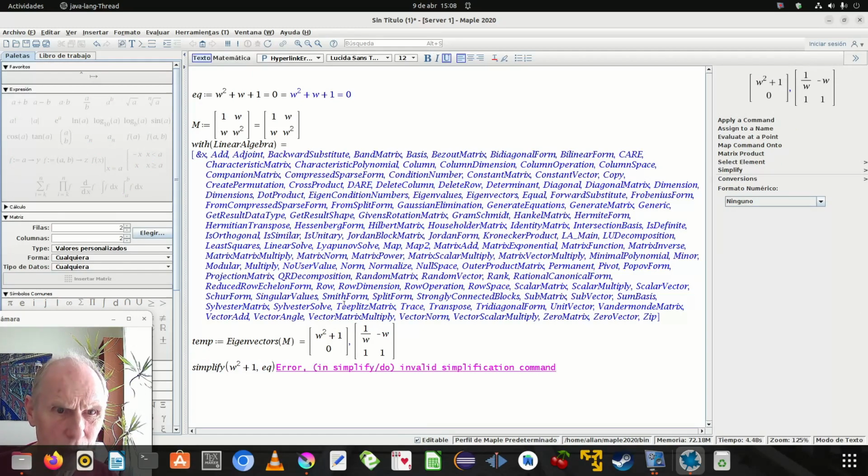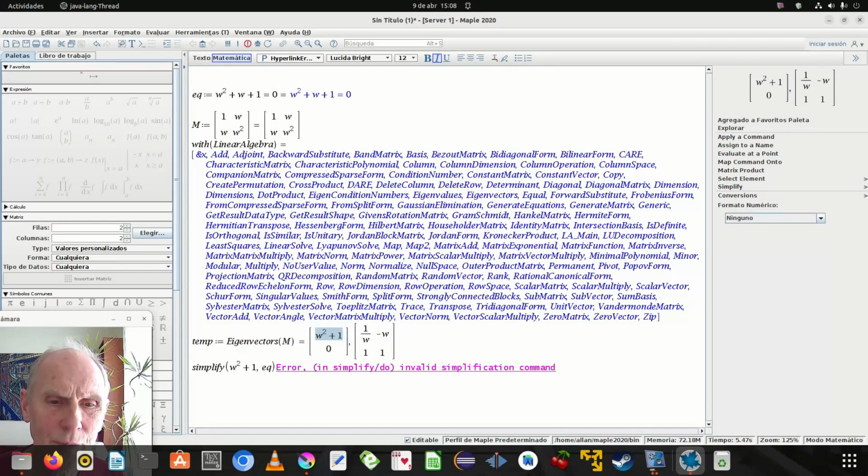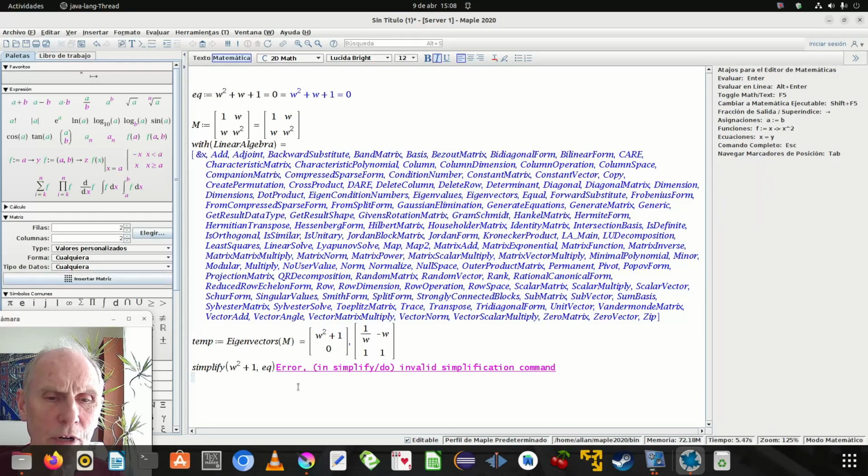What? Oh, it needs to be equal. Never mind. That gives minus omega. It couldn't possibly. It is positive definite, so the 2 eigenvalues must be positive.